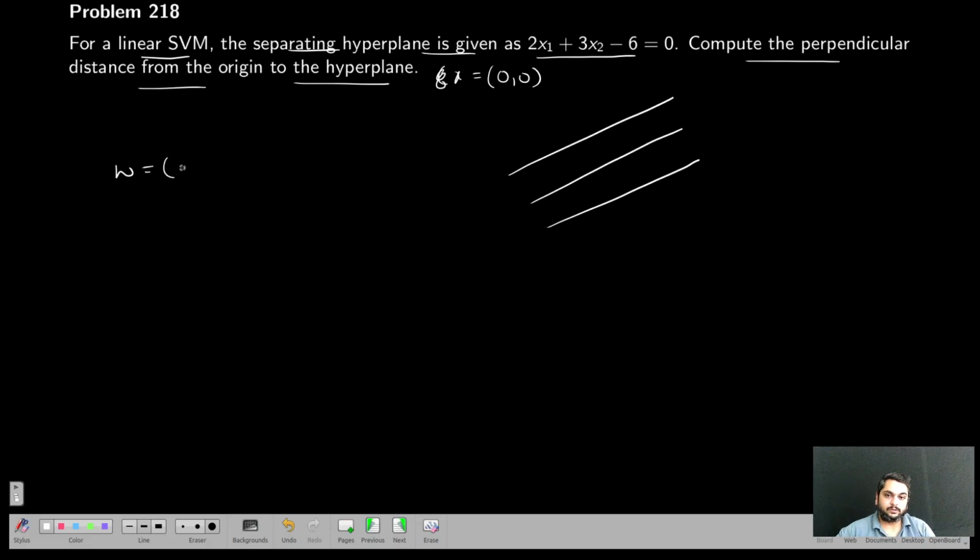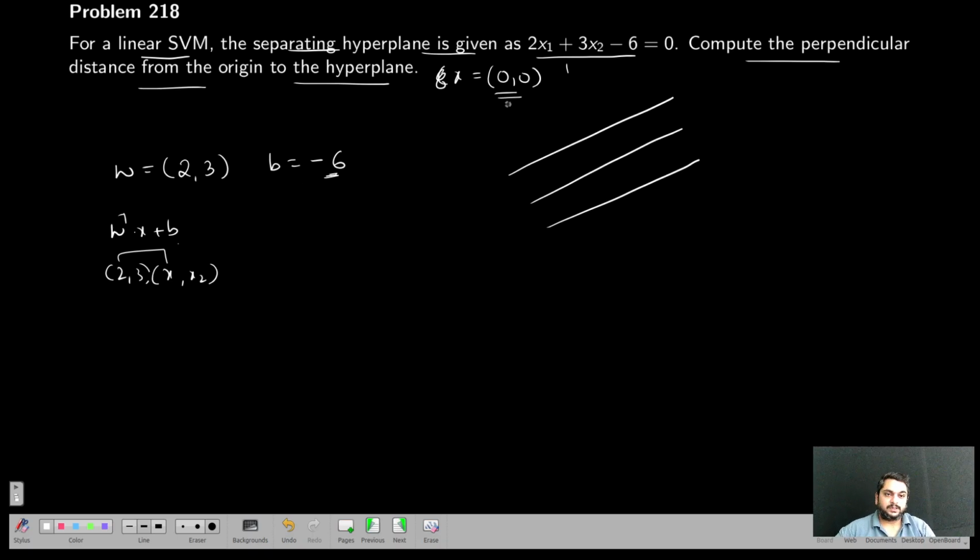W is equal to 2, 3 and B is equal to minus 6. From this equation, how will you get that? It is W into X plus B. This is what we are doing, right? 2, 3 times X1, X2 gives 2x1 plus 3x2 minus 6. That is the equation.